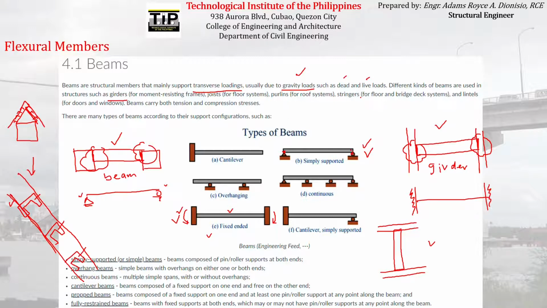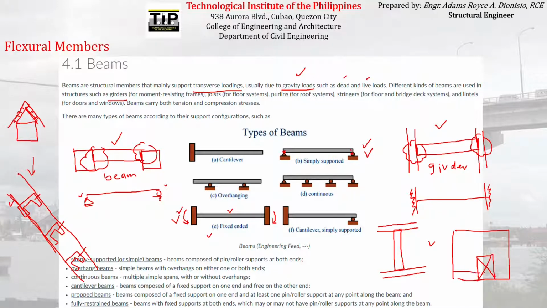Ah, saan pa natin nakikita? Stringers, lintels. So, saan natin nakikita usually yung lintels? Yung mga pinto natin, 'di ba usually nasa mga wall 'yan. Kunyari ito isang wall, tapos 'di ba may butas 'yan dito para lagyan ng mga pinto or window. For this case, pinto na lang. So, siyempre diyan 'di ba may mga bricks or hollow blocks.